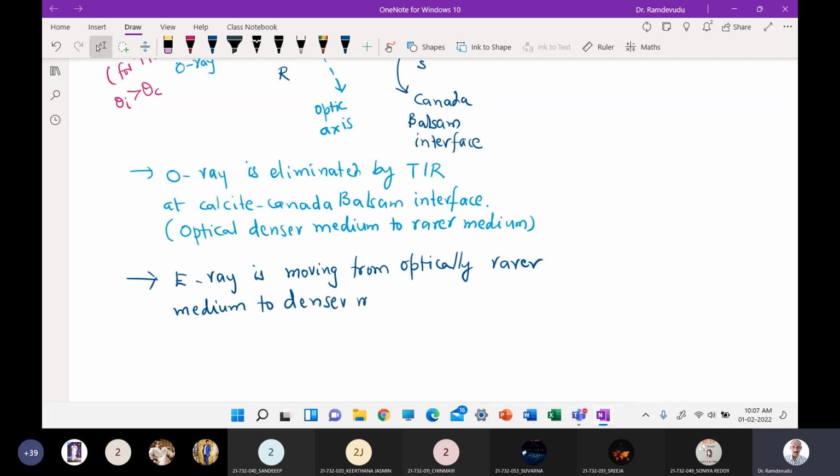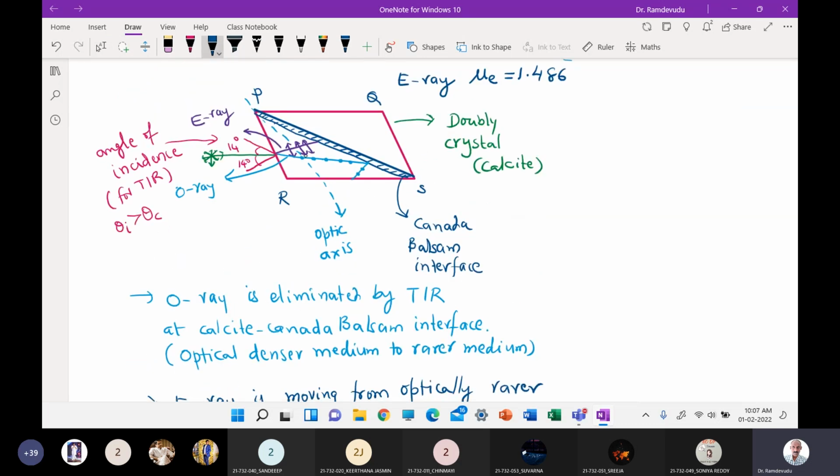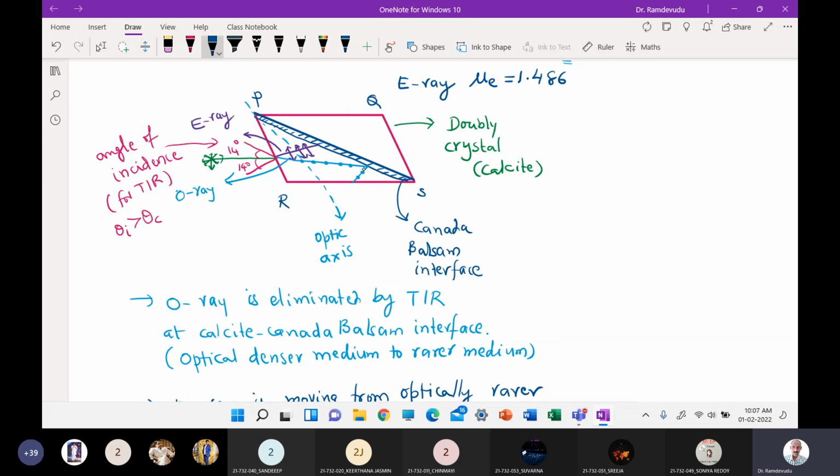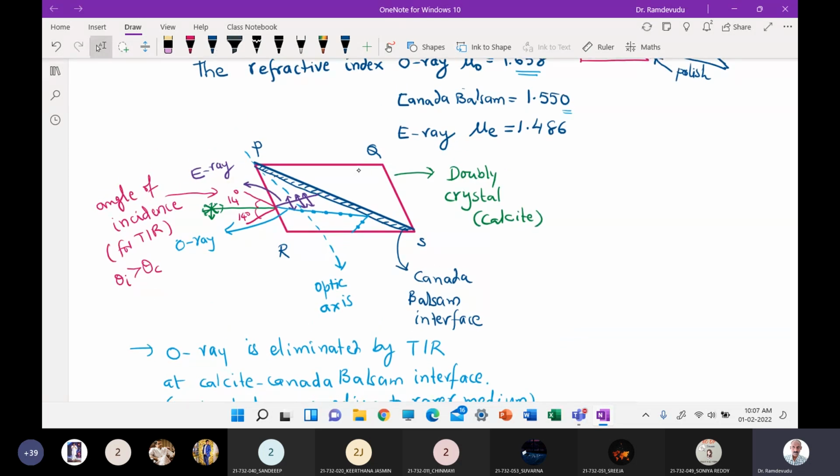If you see this, the optically denser medium is Canada balsam. So the E ray is moving from optically rarer, because for the E ray the refractive index is 1.486, whereas for Canada balsam it is 1.55, which is a higher one.